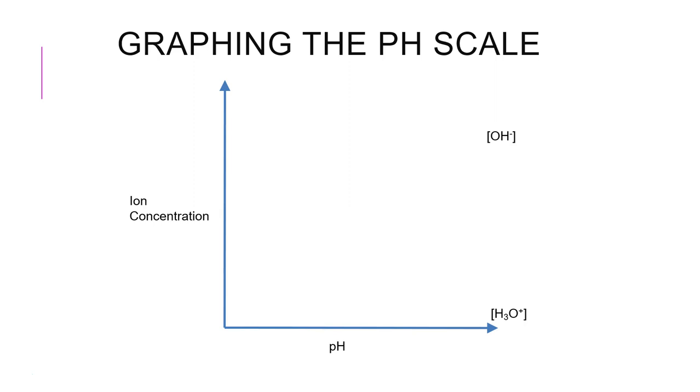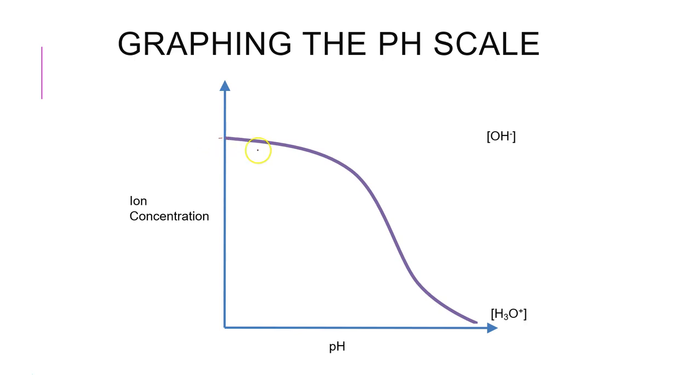So if we graph the pH scale using ion concentration across our y-axis and pH across our x-axis, what we will see is that with high concentrations of H3O plus ions, we have a low pH.